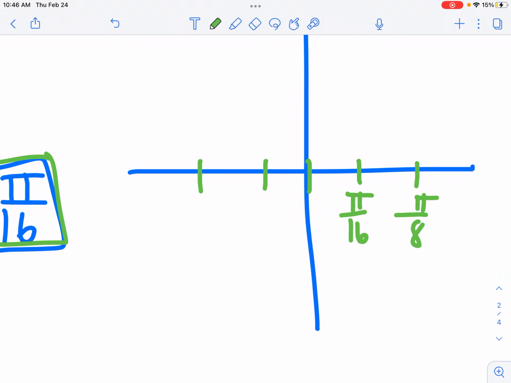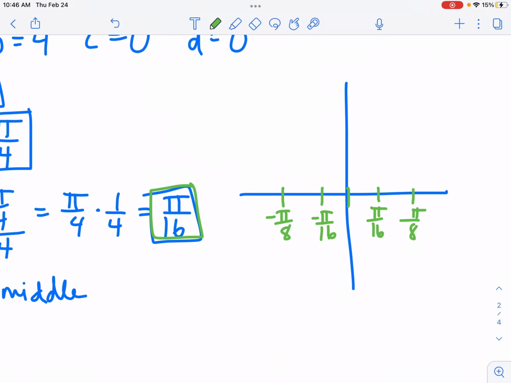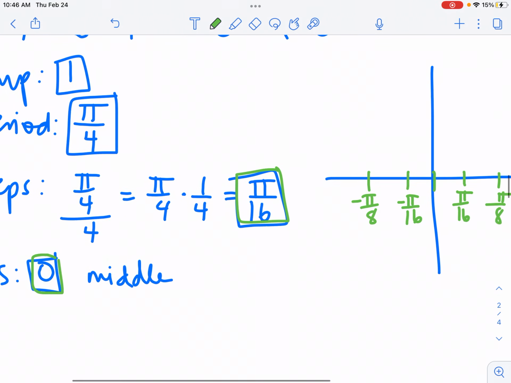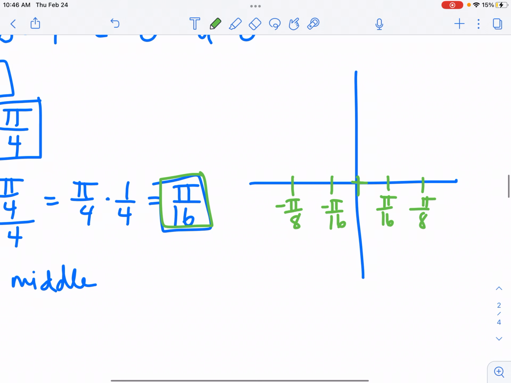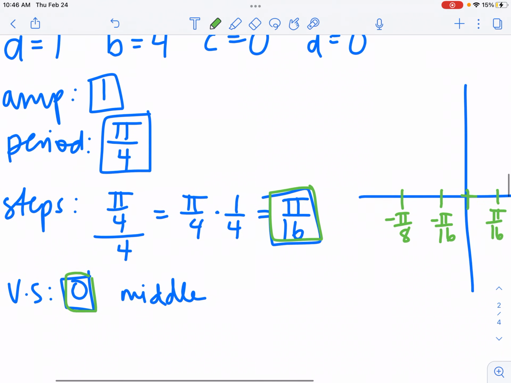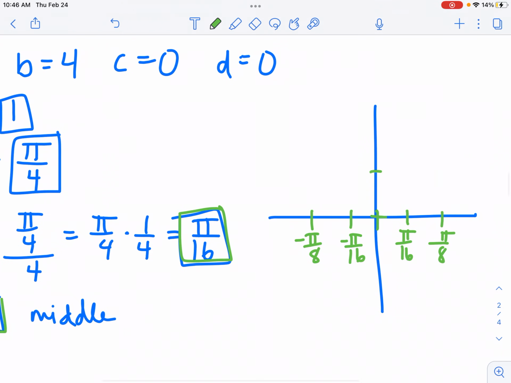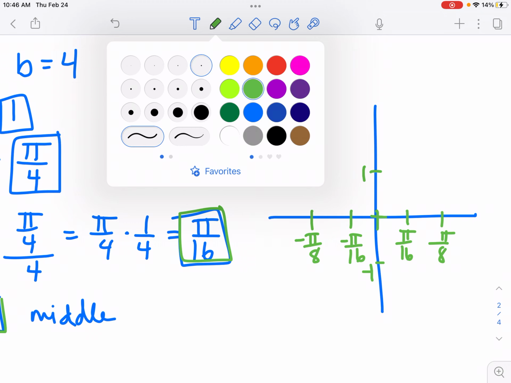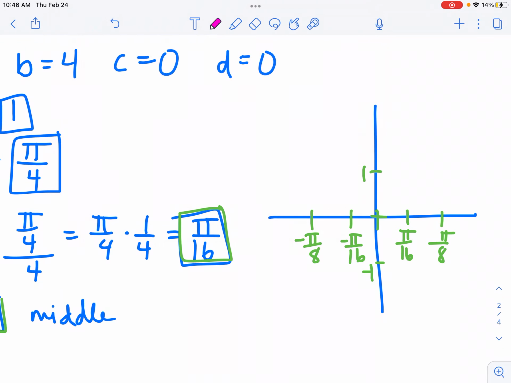So there's my right side. Just do the negative of it on the left side. That's my steps. My midline is 0, so I know that this axis is my midline. My amplitude is 1, so up 1, down -1. Okay, there's the setup.